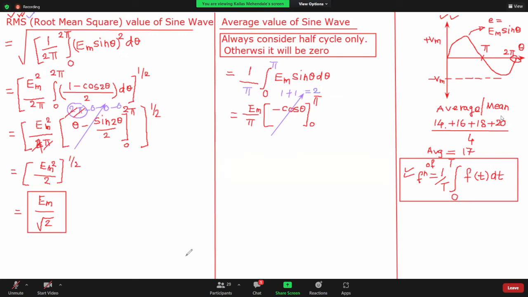So therefore, how much will be the average value? Can somebody tell me? Em by pi. Wonderful. So it will be twice Em by pi.